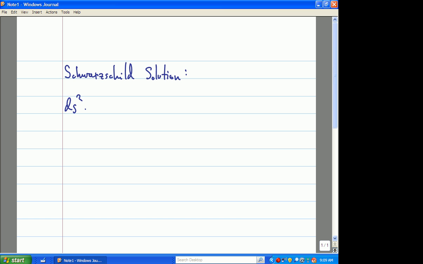So today we are going to continue with our discussion of the classic tests of general relativity, which, as we saw before, are really, in a sense at least, tests of the Schwarzschild solution of general relativity. As you are probably tired of hearing at this point, the Schwarzschild solution is the solution that describes the metric in the presence of a static, spherically symmetric object.